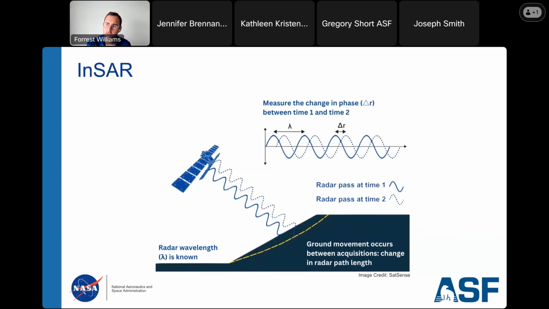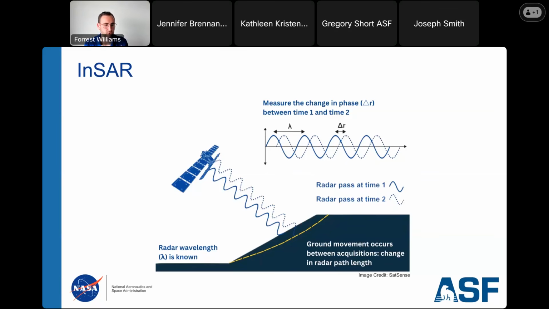Now, if the ground has moved away from the satellite slightly, let's say because the landslide has moved down, that will cause the path that our signal has to take from the satellite to the ground and back to be ever so slightly longer. And because that path is slightly longer, that also means that the phase of the wave that we're going to measure upon its return will be slightly different.